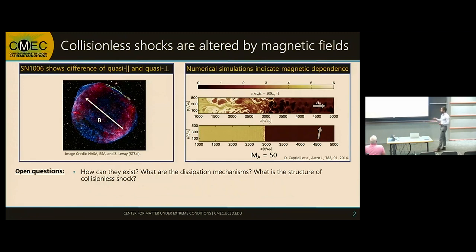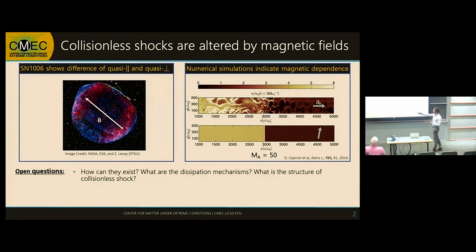So the first question usually is, how can this shock exist? And also, what are the dissipation mechanisms involved in the formation of the shocks? And what is the structure of the shock? Is it similar to the gas dynamic shocks?